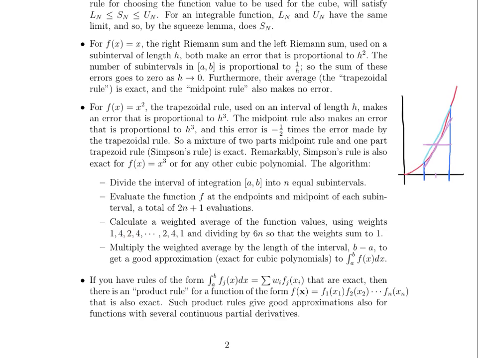And in class, we'll show that if you have a particular rule that says, here's how you should weight the various function values at well-chosen evaluation points in order to give an exact answer for a particular integral, and you have these weights chosen to give exact values for the integral for a bunch of different functions, then there is also going to be a product rule for a function that is a product of those functions that is also going to be exact.